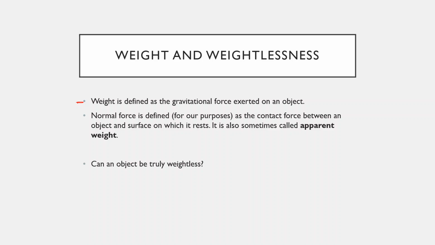So if you are a 1 kilogram object on the surface of the Earth, your weight would be 9.8 newtons. However, if you were away from any planets at all, then your weight would be very, very close to zero. However, your mass would still be 1 kilogram. All right, so that's the difference between weight and mass.